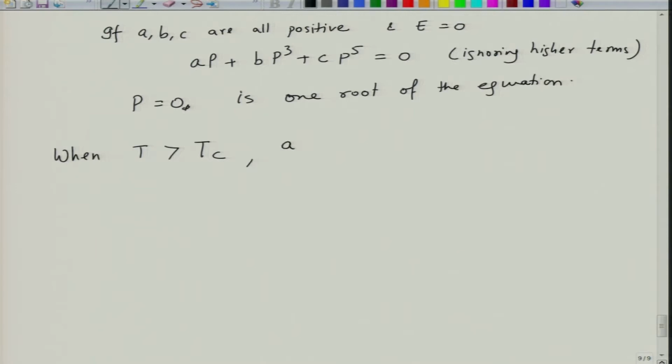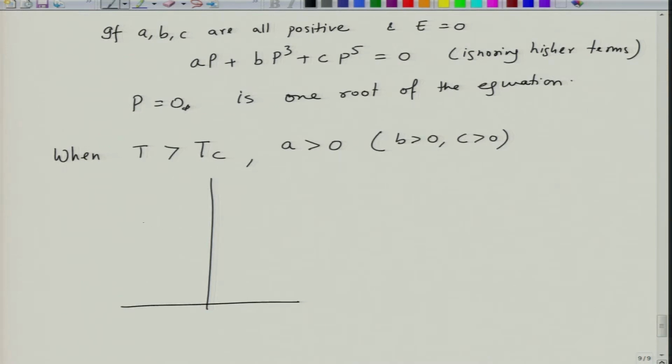So, now when are these conditions met, that A, B, C are positive? When T is greater than a critical temperature Tc and A is greater than 0, simultaneously B is greater than 0, C is greater than 0.